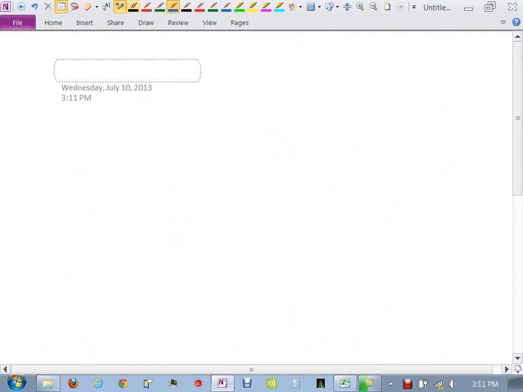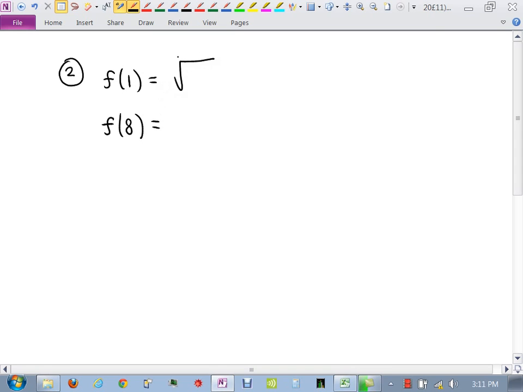What's step 2? Plug in the endpoints. So I want f of 1 and f of 8. That means I want the cube root of 1 minus the cube root of 1 squared, and then the cube root of 8 minus the cube root of 8 squared.